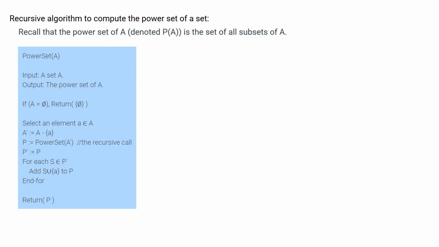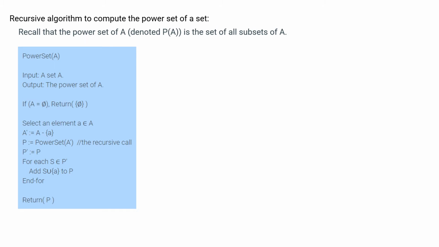So for each set in P prime, we add the A, the element that got taken out originally for that particular iteration, back in to every set in P, which was the power set. And we do that for each set in P prime.